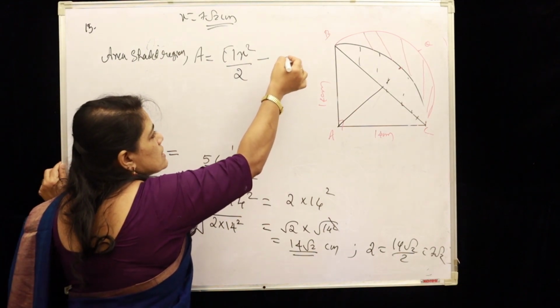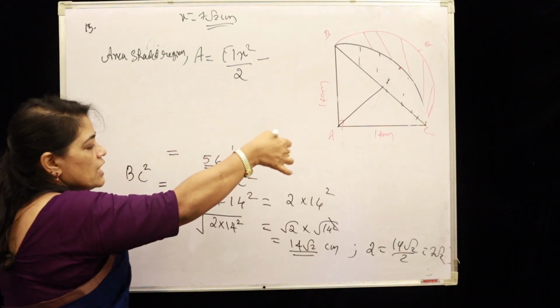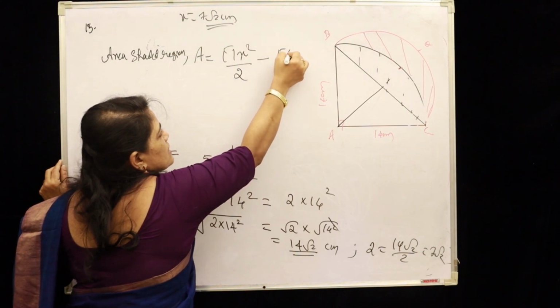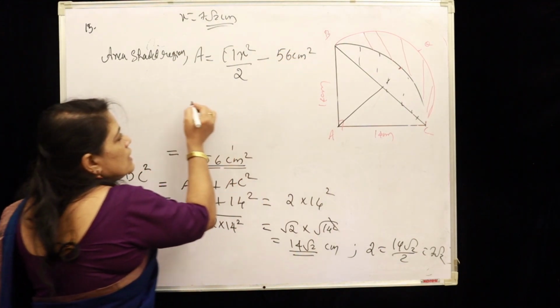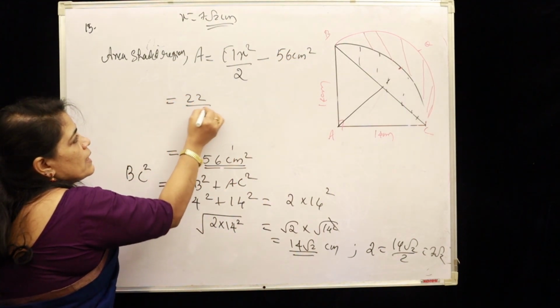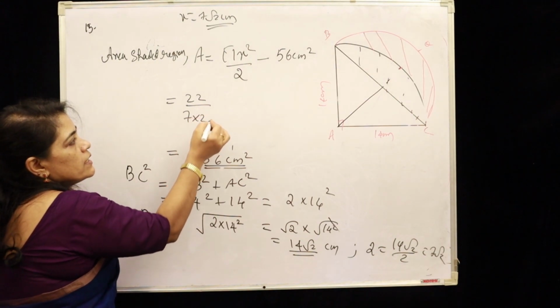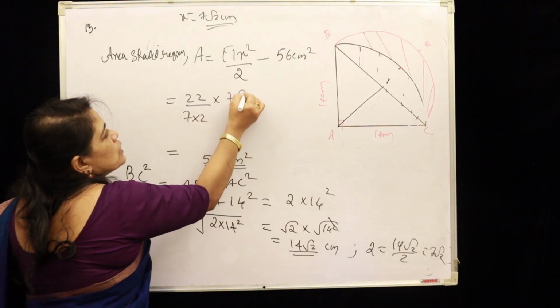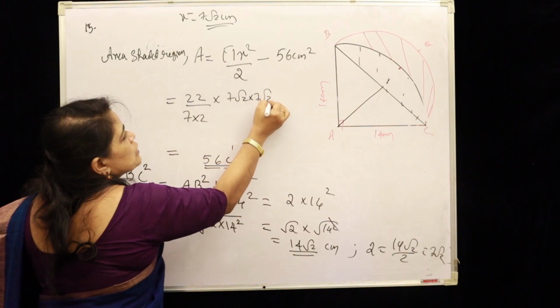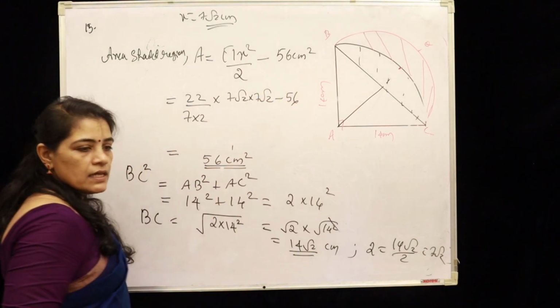Okay, minus, what is that? Area of the segment, we have seen that 56 centimeter square. That is 22 by 7, and in the denominator 2, 7 root 2 into 7 root 2 minus 56, isn't it?